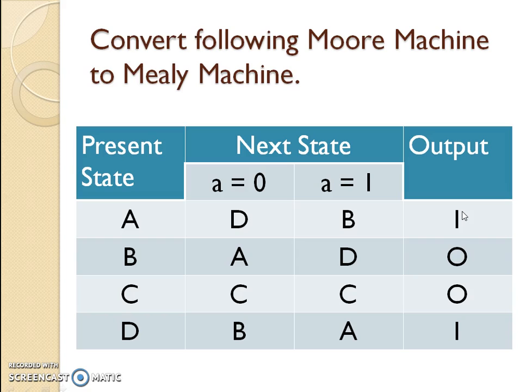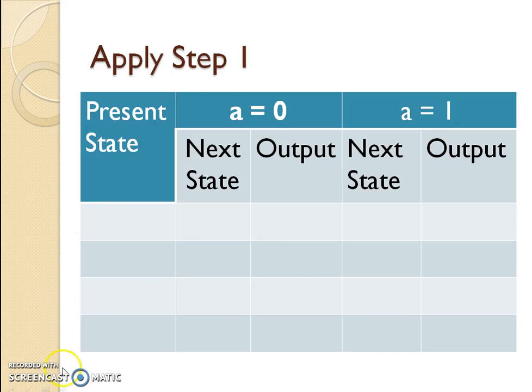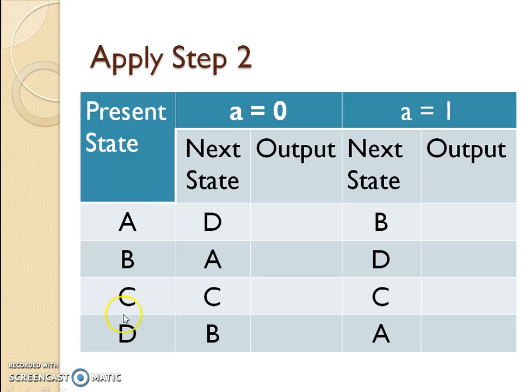Now the first step is to take a blank Mealy machine transition table. So this is a blank Mealy machine transition table which contains 2 output columns. Step 2 says copy the present state and next state from the Moore machine transition table to the Mealy machine transition table.